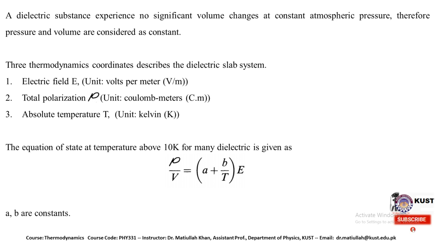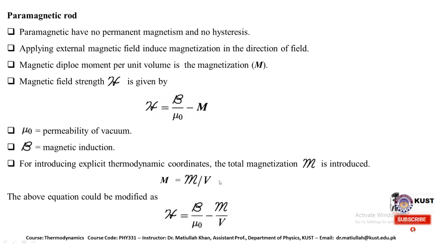Here A and B are constants. The italic P is the total polarization, V is the volume, T is the temperature, and E is the electric field.